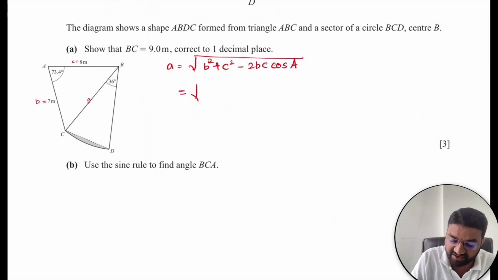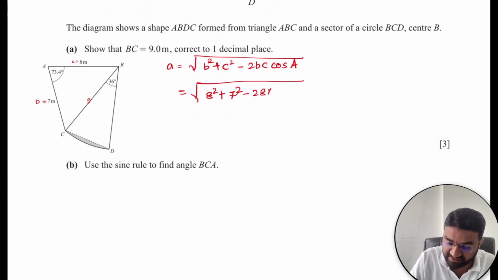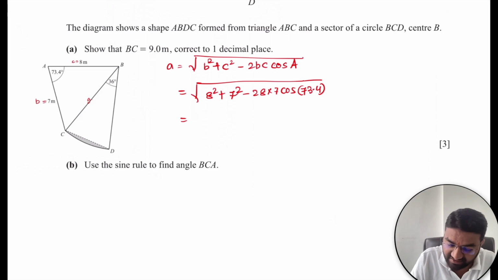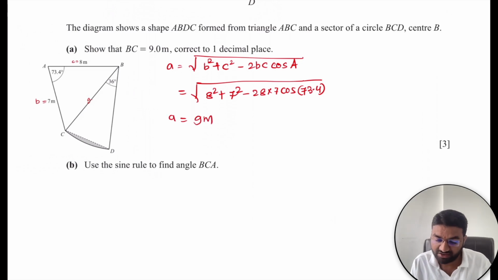And here substitute all the values, so it's 8 square plus 7 square minus 2 times 8 times 7 cos of angle 73.4. So if you substitute all these things in your calculator, you will get square root of 81, means it's 9 meter, means we got a is equal to 9.